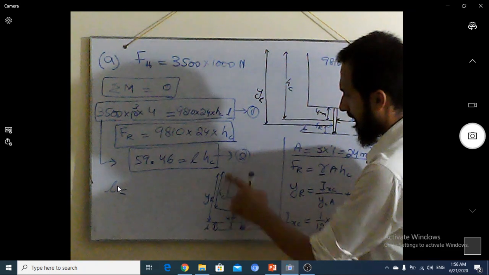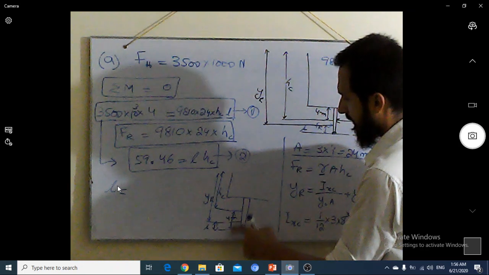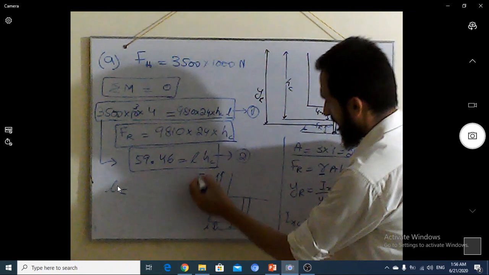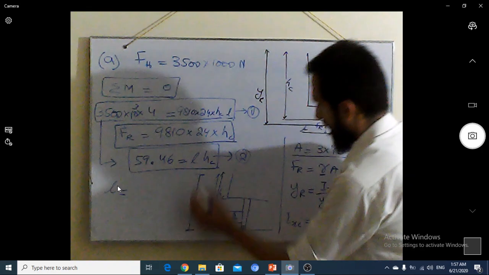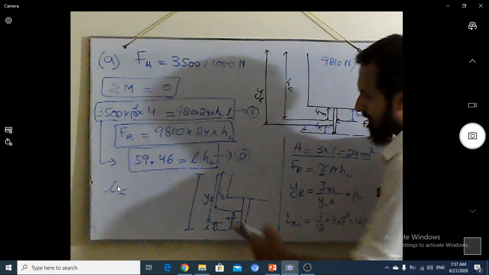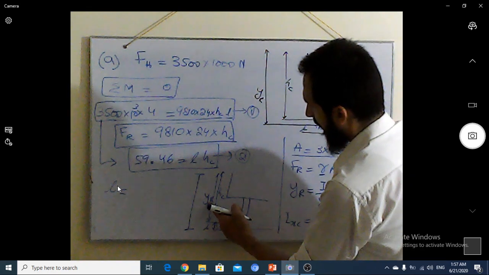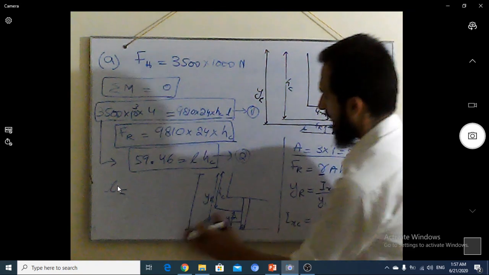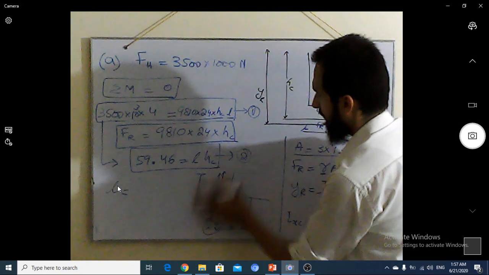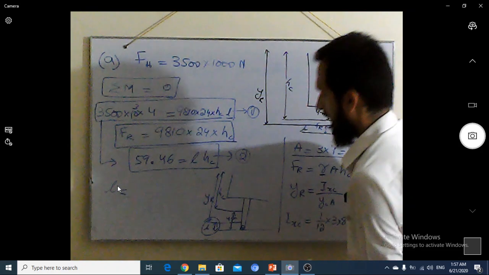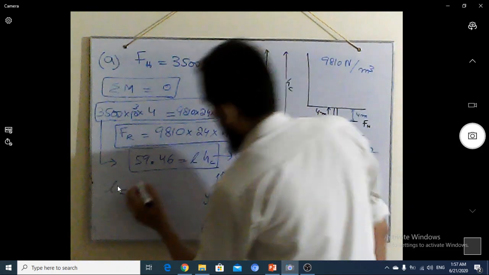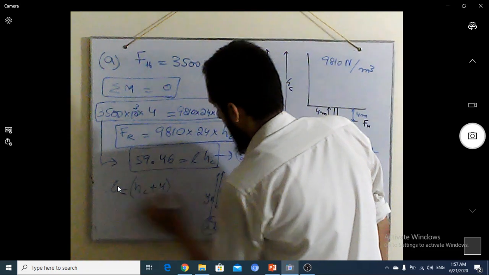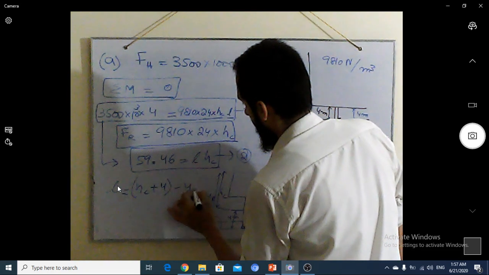If I add HC and 4, it equals the complete distance here. Then I subtract YR from this so that I can easily determine the value of L. So L is just equal to HC plus 4 minus YR.